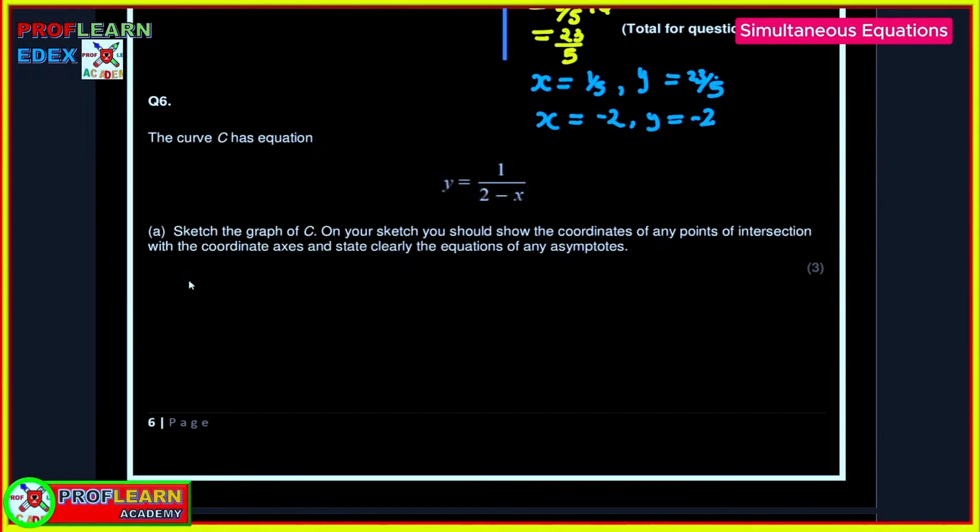Can you just comment in the description below what should be the horizontal asymptote and what should be the vertical asymptote for question number 6? We have done some questions to show you how you need to go about this.